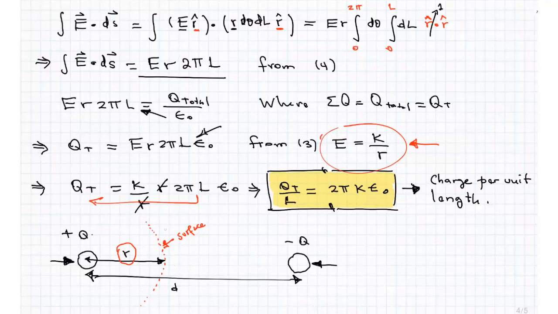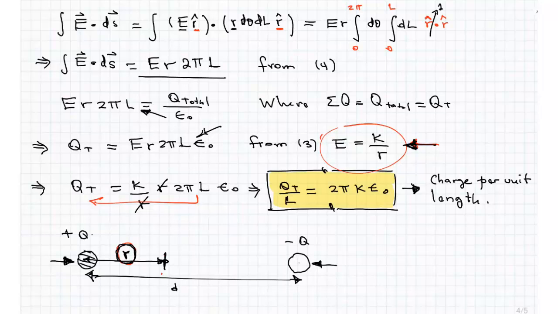If I have this point here, the distance between this wire and this point is r. So by definition, the electric field is this.